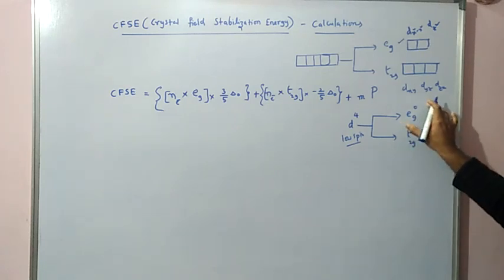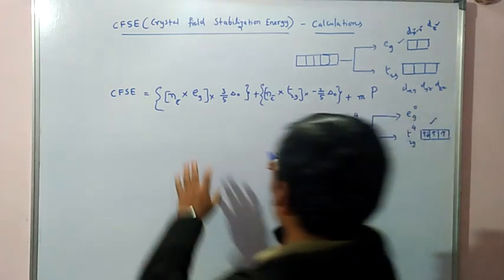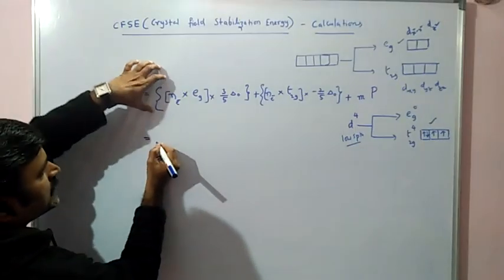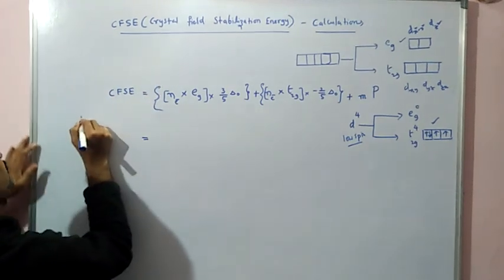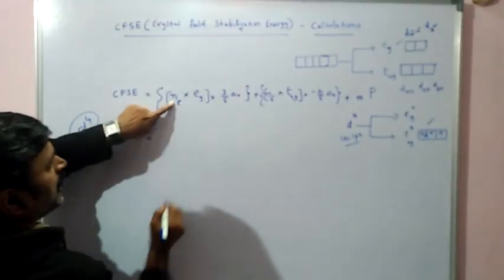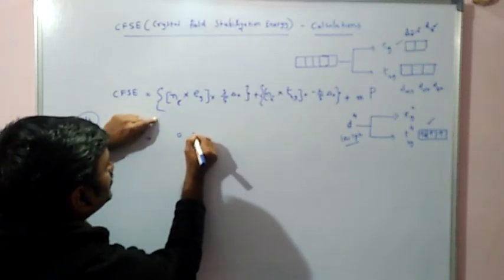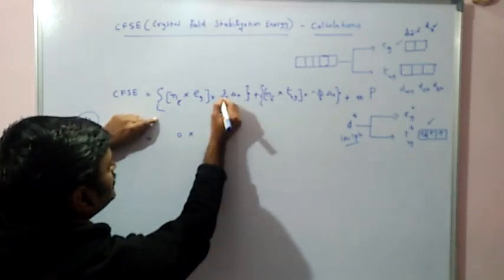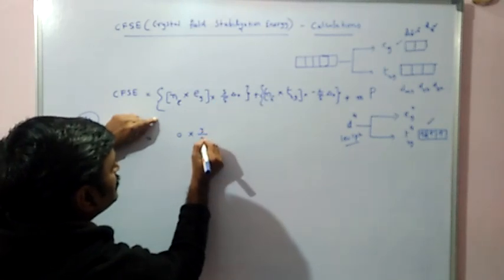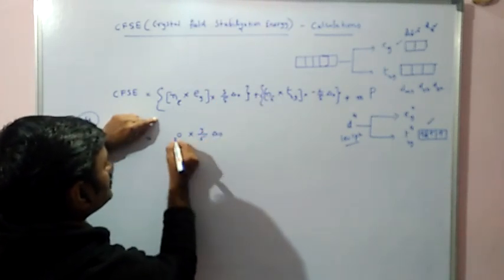So if you observe the calculation for this d4 configuration, the number of electrons in Eg is 0, into 3 by 5 delta naught.